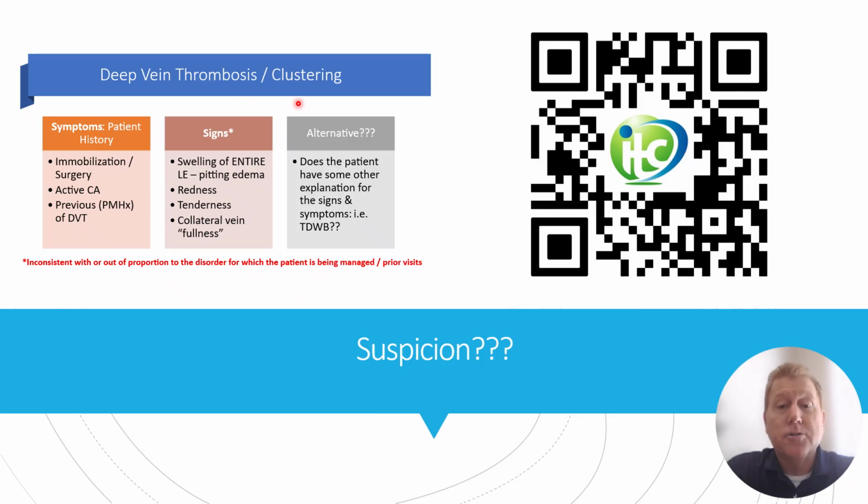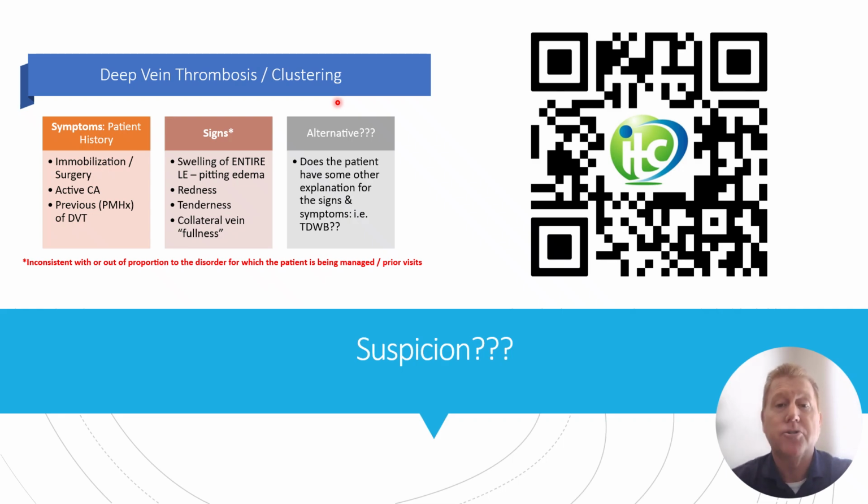And then alternatively, if we're thinking, okay, what else could this be? We're really looking for some other explanation for the signs and symptoms. Have they been walking with what we might term a touchdown weight bearing gait or a toe touch weight bearing that would make the calf work more than it typically would, and therefore that calf muscle is sore because of that?